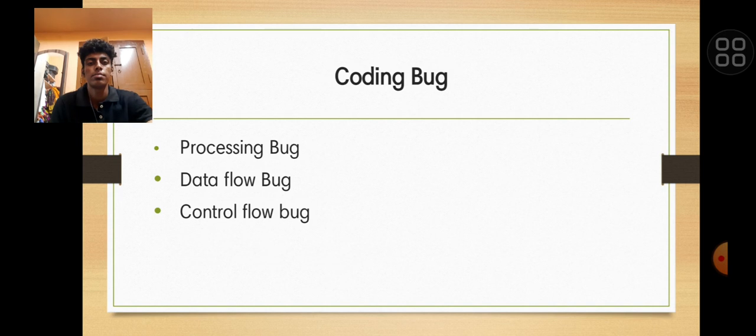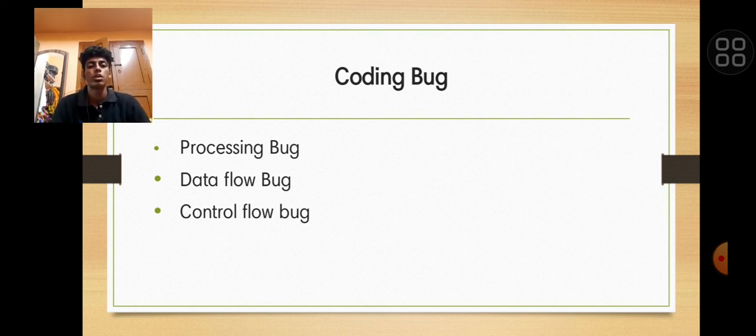The next type is the coding bug. In the coding bug, the first is the processing bug. A processing bug is when I miss the exact processing that the customer expected. The next one is the data flow bug, when I miss the flow of data during execution.